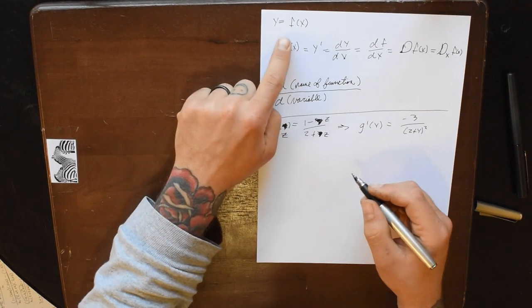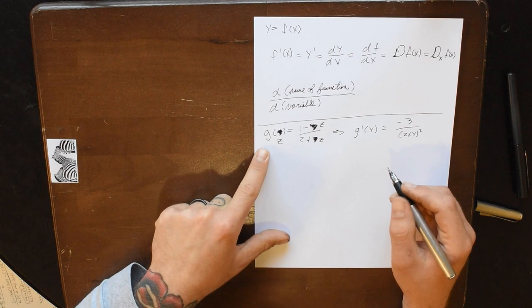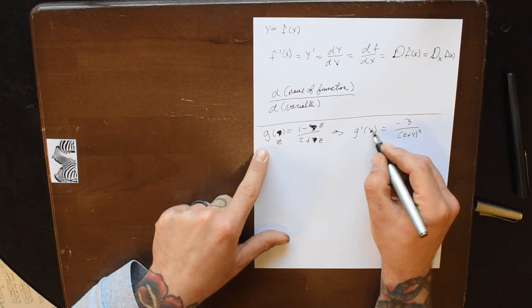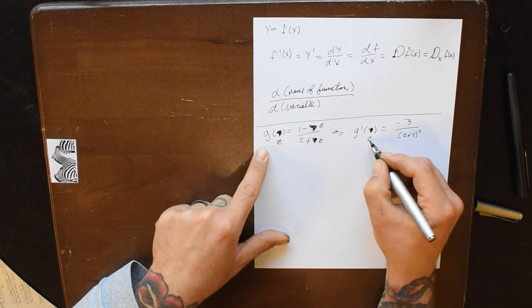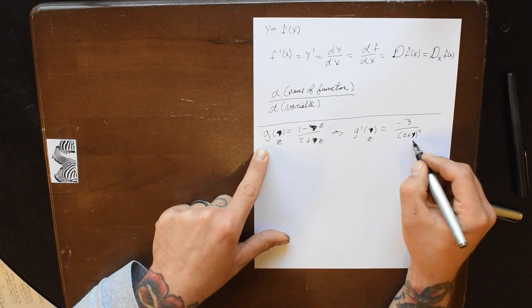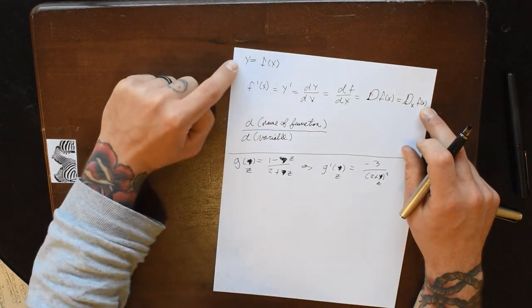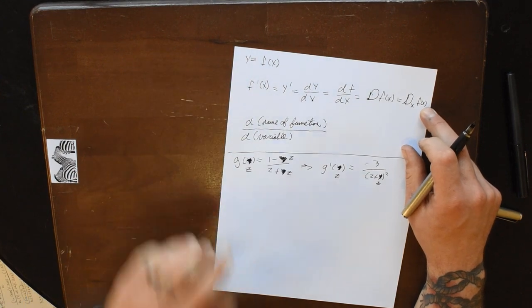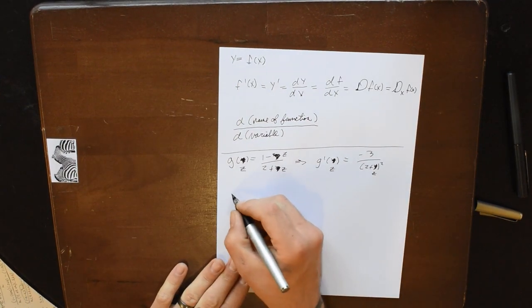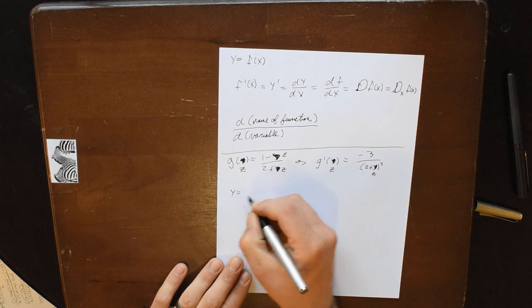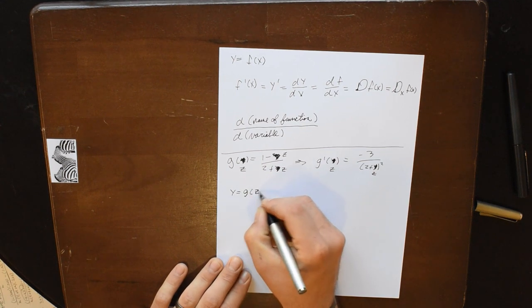Just so, because we got y's floating around up here, I don't want any y's floating around over here. Cool. So all of this notation applies to y equals f of x. But down here, we're going to have y equals g of z.